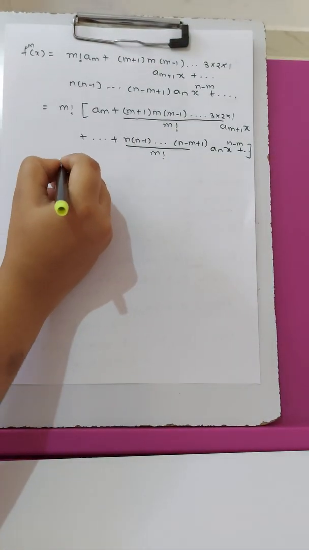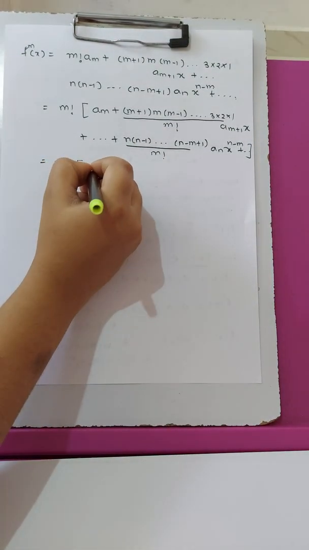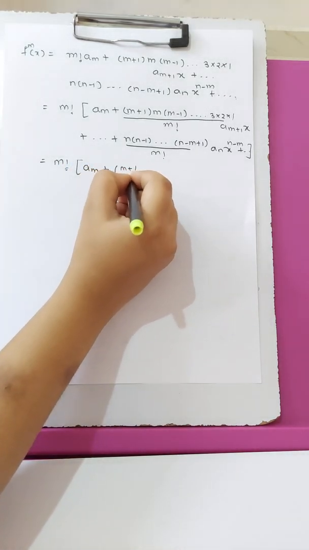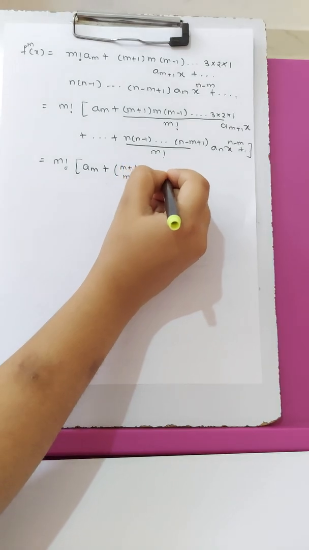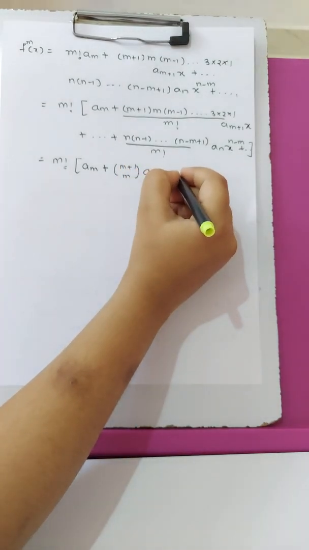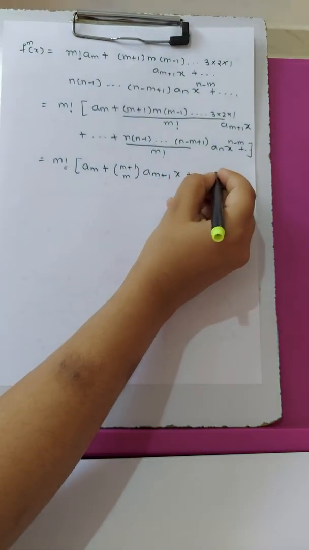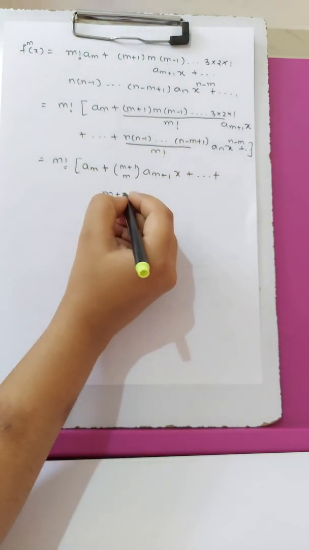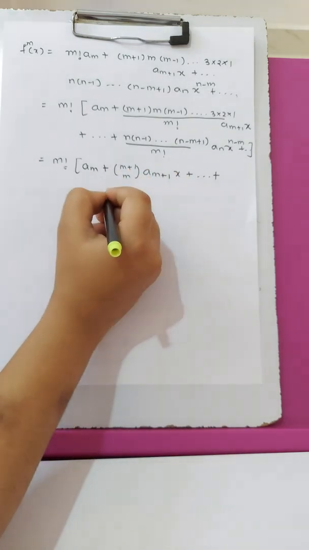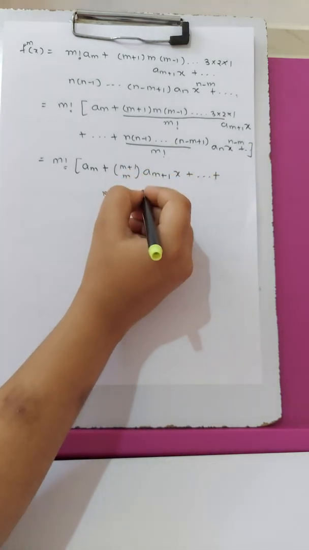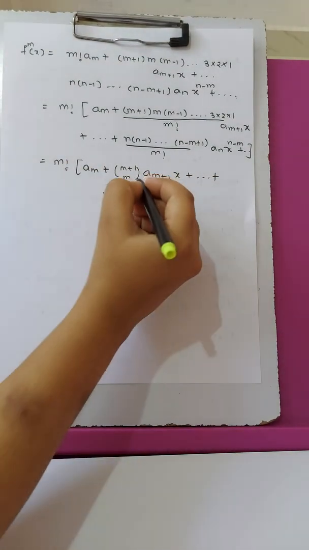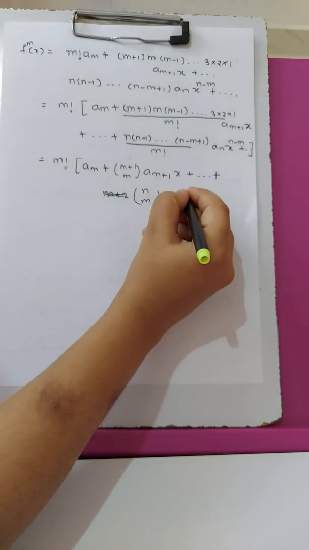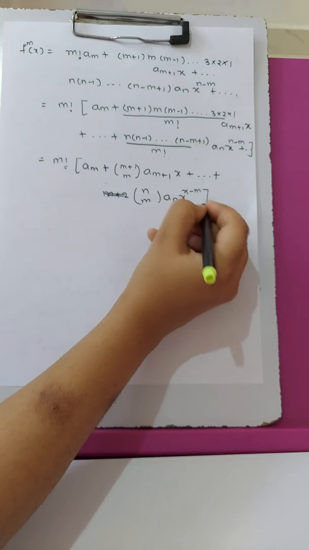So therefore we get m factorial in bracket am plus m plus 1 choose m plus 1 x plus and so on, this term becomes n choose m an x to the power n minus m.